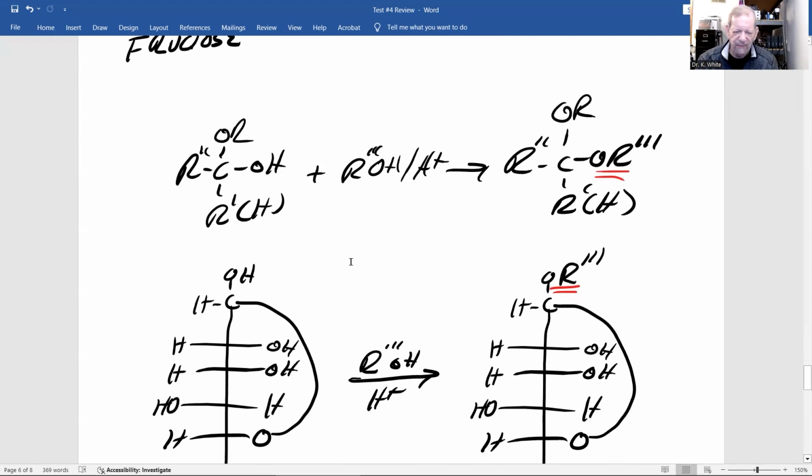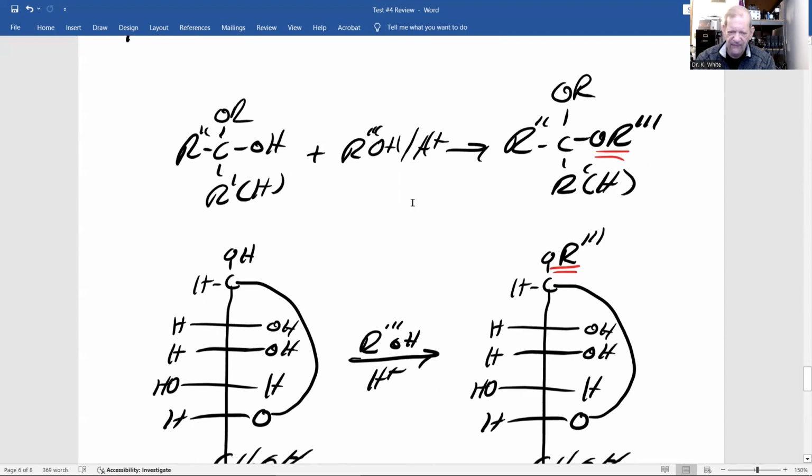All right, now, when you have the hemiacetal, here's a slightly new reaction, slightly. When I gave it in class for test 2, use 2 alcohols to make the acetal or ketal. But if you stop at the hemiacetal, you can react not the same one, but a different alcohol with the hemiacetal to form the acetal.